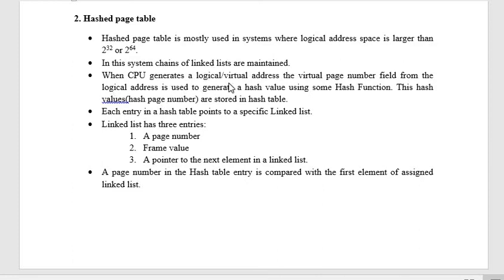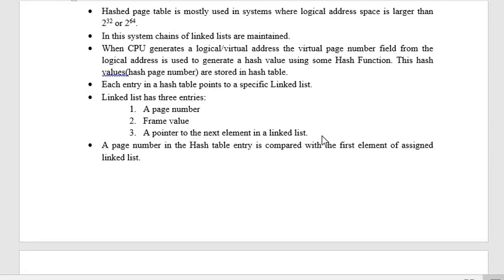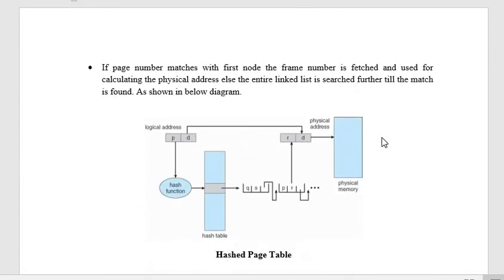When the CPU generates the logical or virtual address, the virtual page number field from the logical address is used to generate a hash value using some hash function. These hash values are stored in the hash table. We'll see the diagram, and you will understand better. When the CPU generates the logical address, we fetch the page number of the virtual address and give it to the hash function.